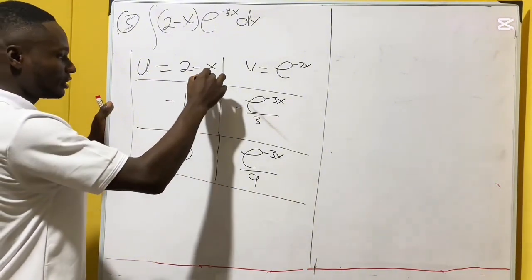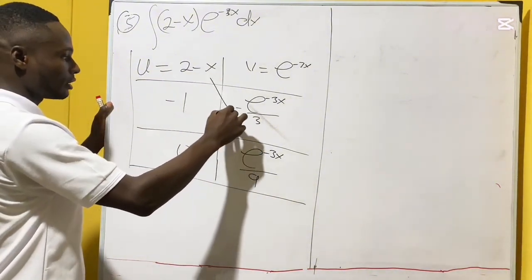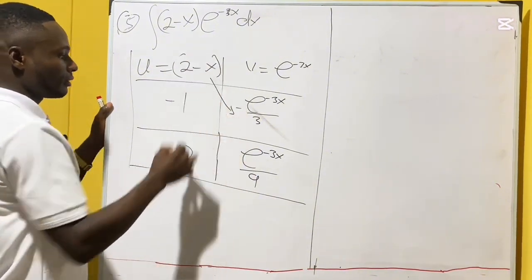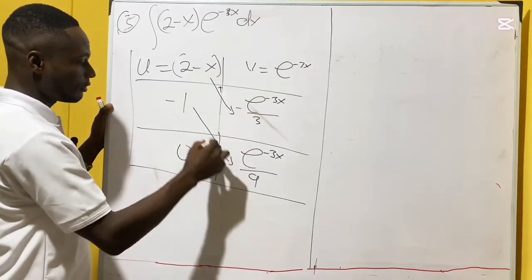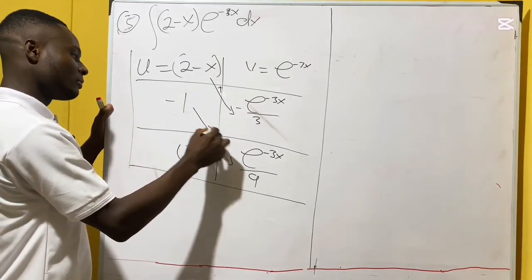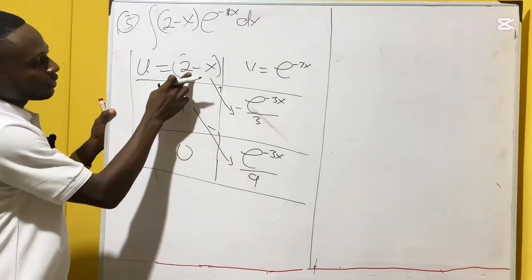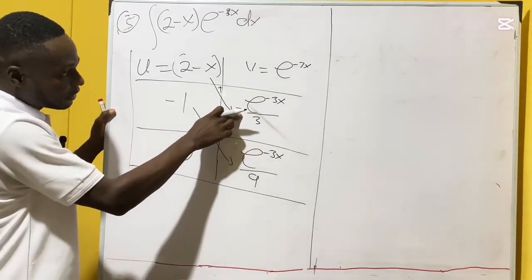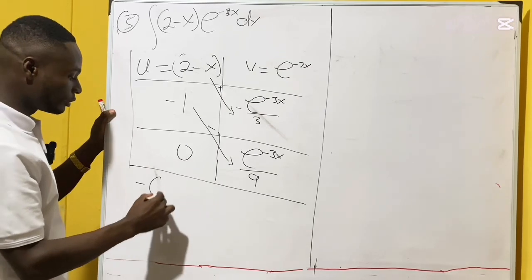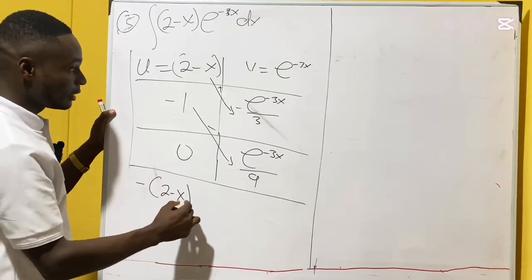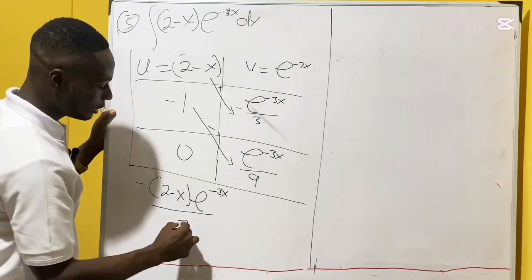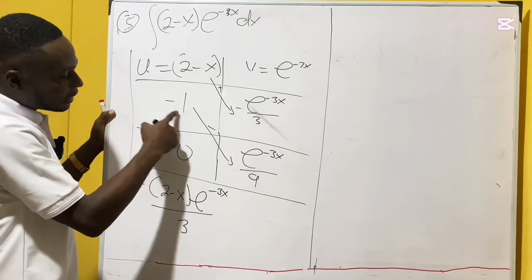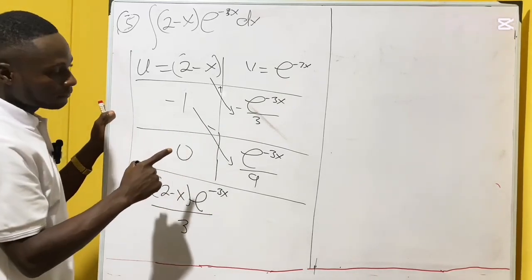You effect your signs. So this maps to this, of course, positive. This maps to this, of course, negative, right? So this time, we have negative here. So we have negative 2 minus x e power negative 3x all on 3. Then negative times negative, positive.